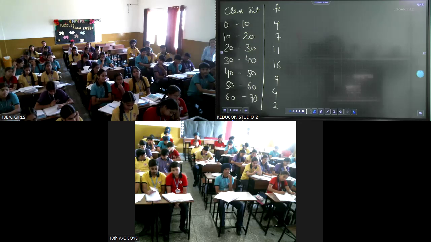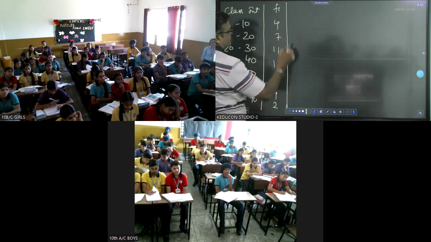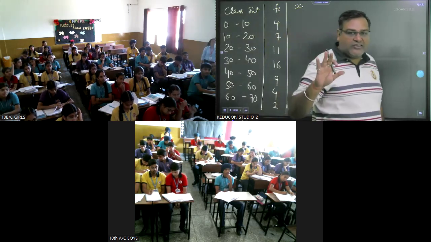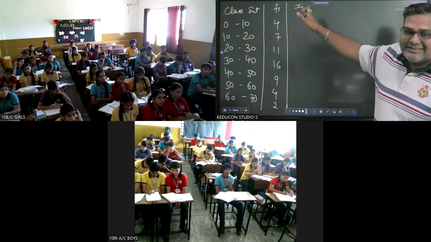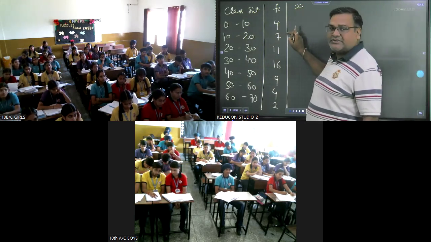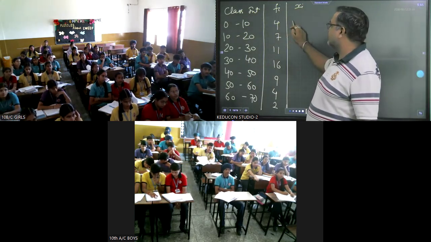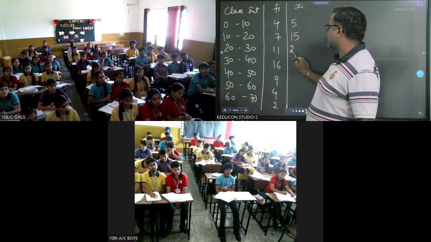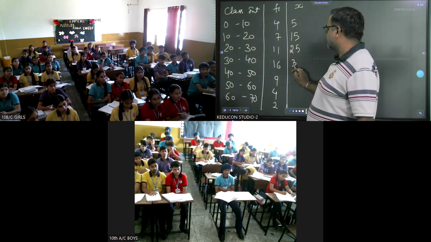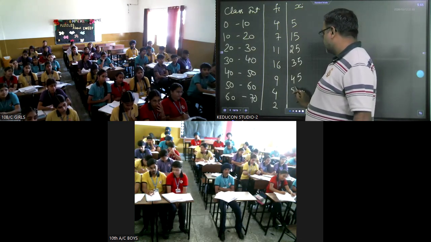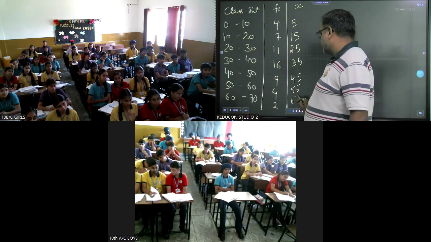How to do this? Next step is same, that is finding the class marks; in all three methods this step is same. So now what will be the class marks? Please tell me, students. 25, 35, 45.